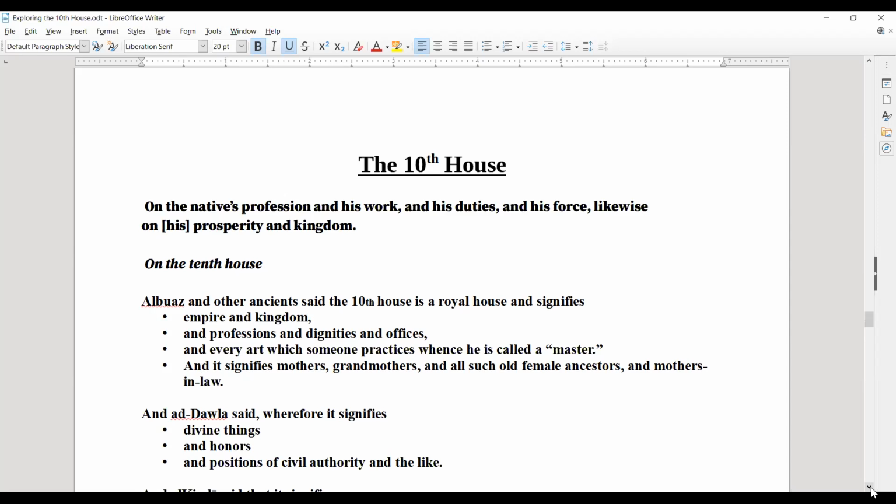One of the things that I've been noticing about these particular texts is that the astrologers really view these areas as umbrella areas. So the 10th house represents lots of different things. And in many cases, you don't look primarily to the house ruler for the signification of what you're looking for.